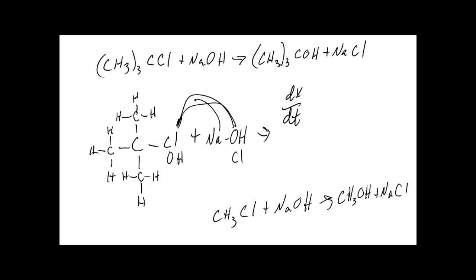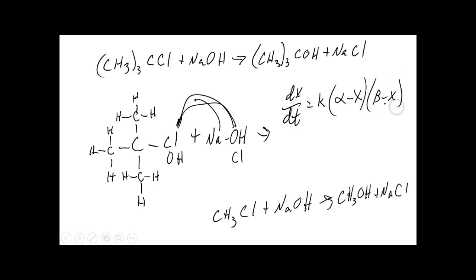If alpha and beta are each in turn the amounts of the two chemicals it's reacting with, then dx dt is proportional to or equal to k times alpha minus x, because that's the difference of those, times beta minus x.